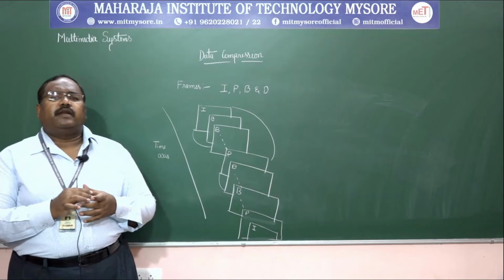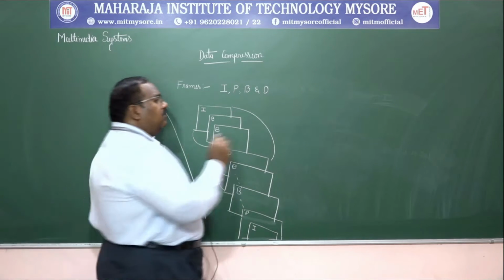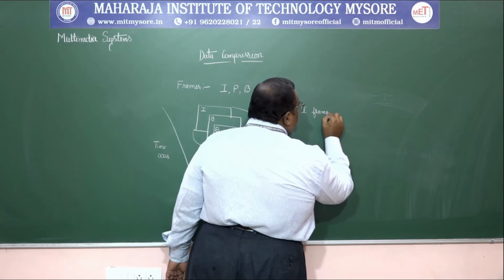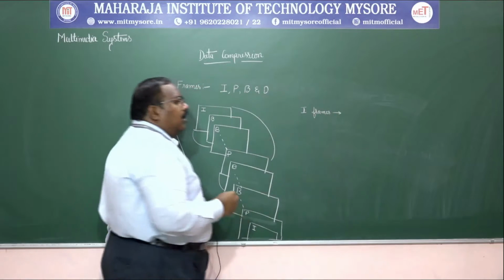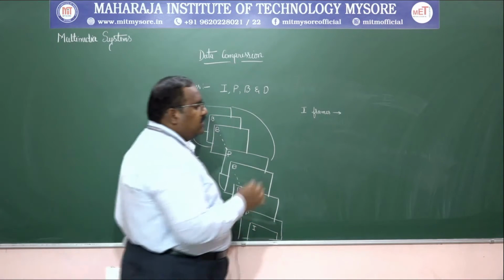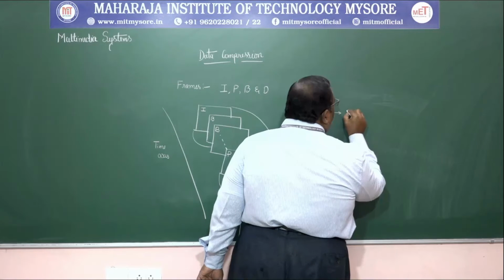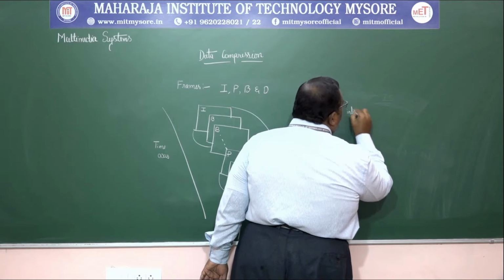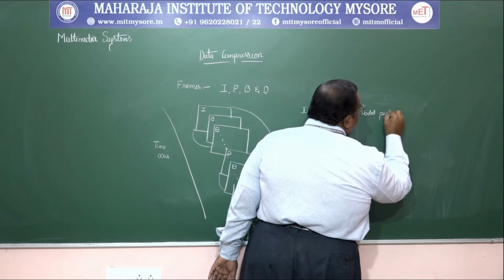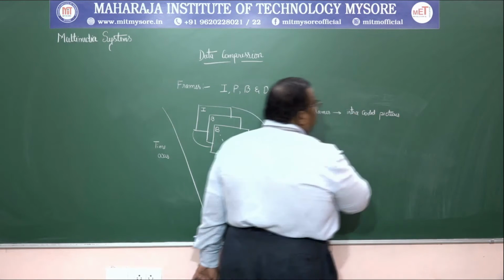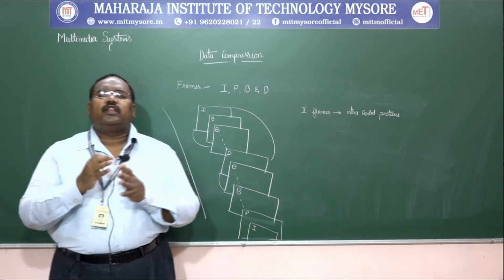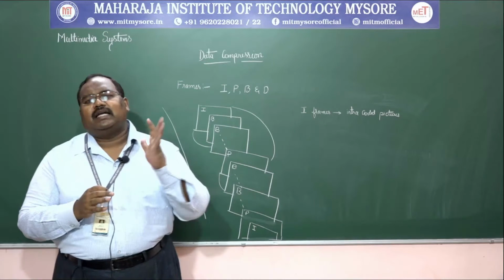When we talk about I frames, first we'll go with this. I frames are called intra-coded pictures. Here it is associated with what kind of pictures? Intra-coded pictures. I frames are coded without using information about other frames.